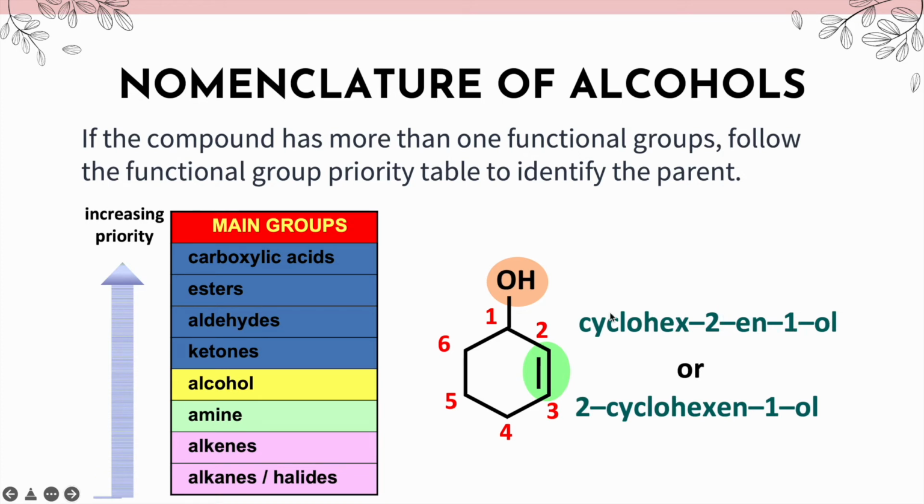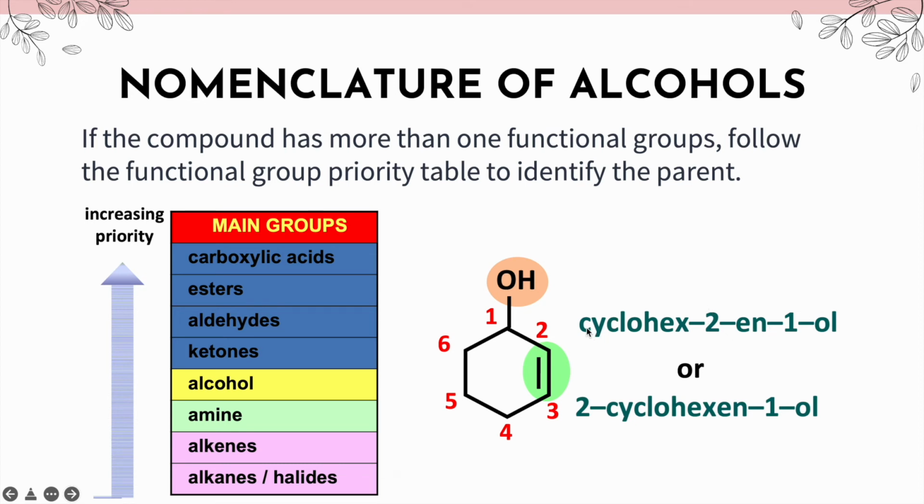cyclohex-2-en-1-ol. You need to state the number of the carbon bearing the alcohol, and you also need to state the carbon number for the carbon-carbon double bond. The parent here is alcohol and the OH group is attached to carbon number 1, so 1-ol. And the carbon-carbon double bond is at carbon number 2, so 2-ene.